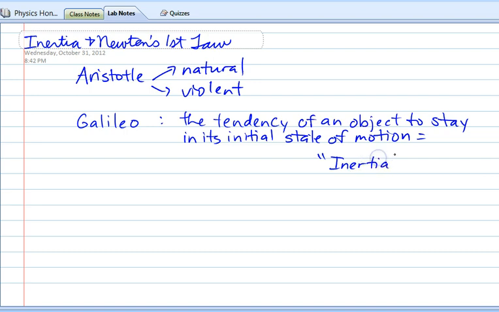So he started throwing that term around. The tendency of an object to stay in its initial state of motion. And when we say state of motion, we're either talking about something which is already at rest or something which is in motion. So the states of motion: at rest or in motion. That's kind of what that refers to.